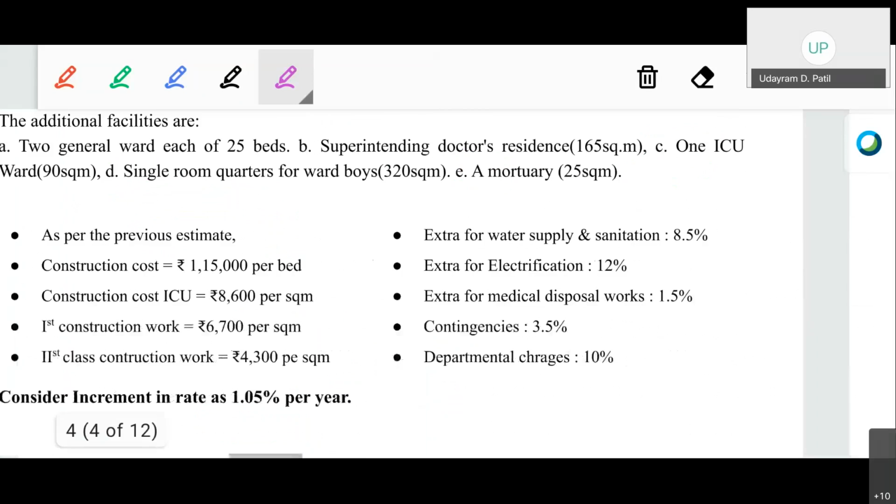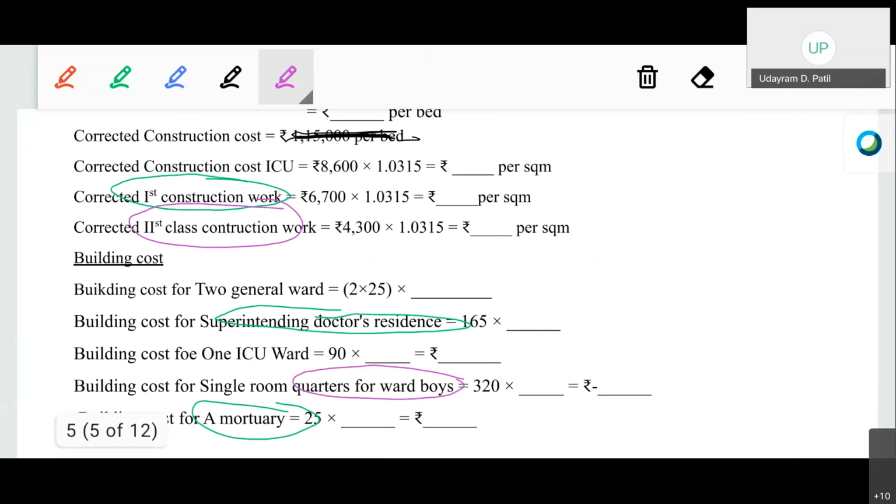Considering those particular areas, the building cost for the superintending doctor's residence will be 165 multiplied by the corrected rate, that is 6911.05 rupees. For the building cost of the ICU, 90 was the area, multiplying with the corrected rate for the ICU ward, that is 8870.9.